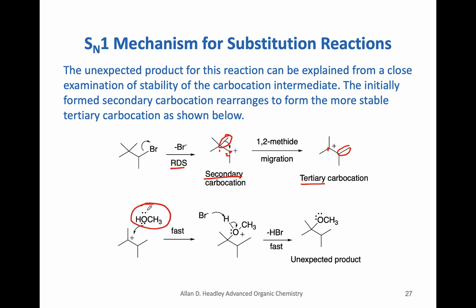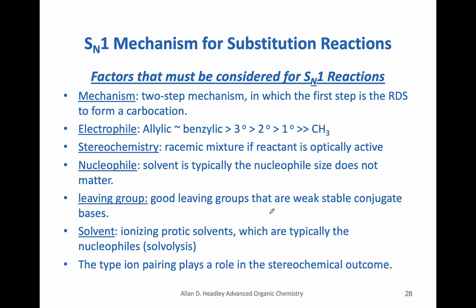Then in the fast step, the nucleophile, the solvent, attacks this carbon to give the unexpected product. So we have seen these type rearrangements before when we look at carbocations. These carbocations here are the same type carbocations that we looked at when we looked at different reactive intermediates for different type reactions.